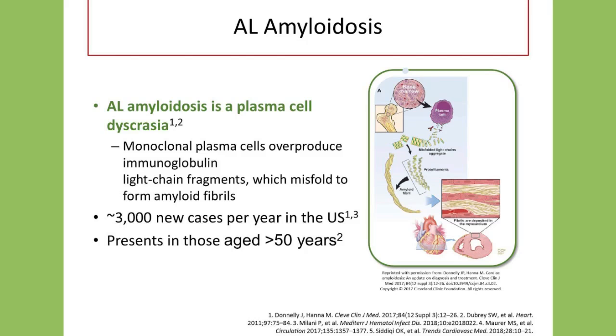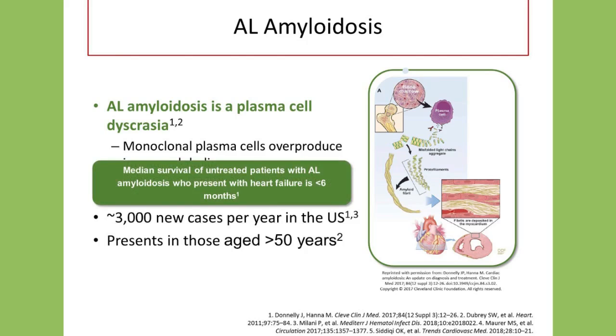One thing that we do know about this disease is that there are about 3,000 new cases per year presented in the United States. We generally see this in patients that are greater than 50 years of age. The unfortunate thing about AL amyloidosis is that the median survival of untreated patients is less than 6 months from the onset or presentation of symptoms.